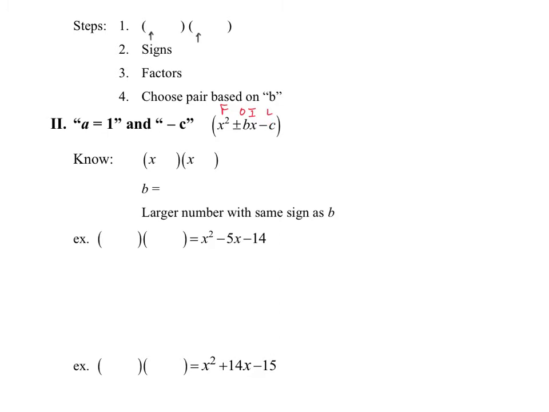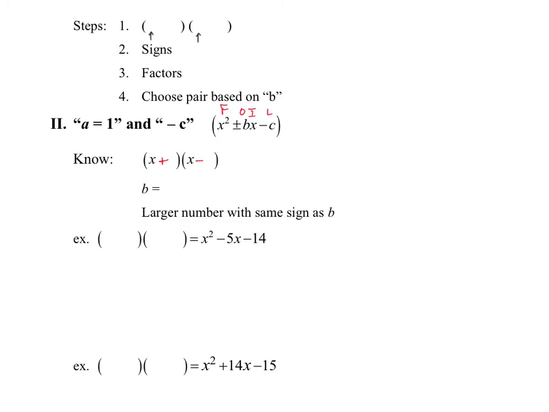The only way to get a negative number is to have a positive times a negative, because a positive times a positive gives you a positive, and a negative times a negative gives you a positive. So if we have a negative, it has to be a plus and a minus. It doesn't really matter what order you put them in. You could do a minus and a plus, but we know that has to be true.